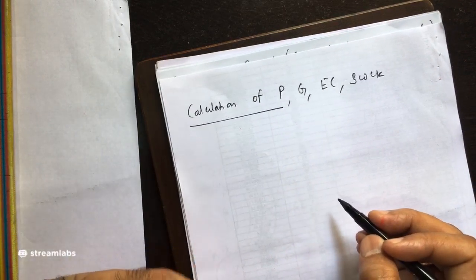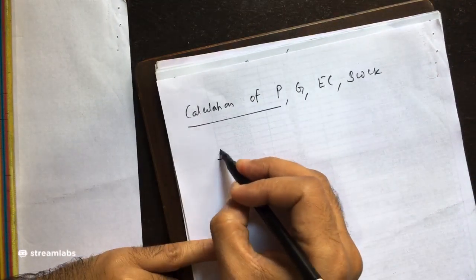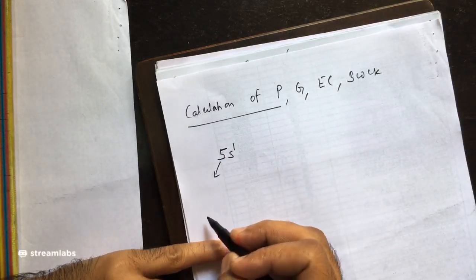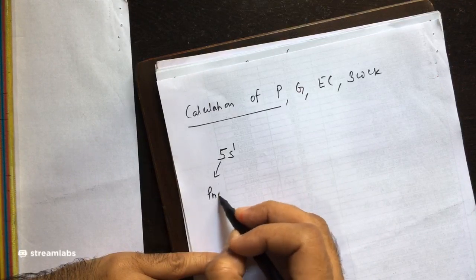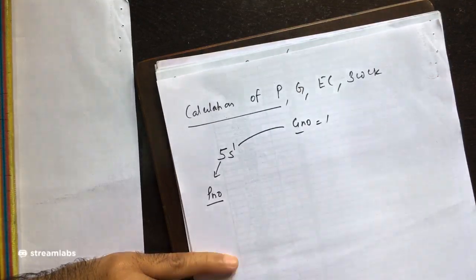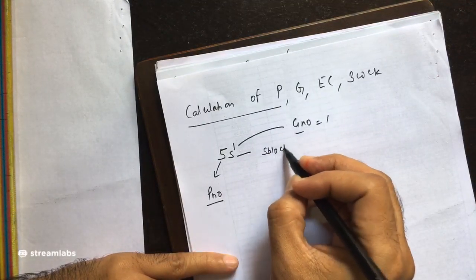So if we have been given an arrangement, for example, if it's an s block element and the configuration is given as 5s1, the first number is 5 and that represents the period number. The top number represents the group number, which is equal to 1, and this is called the s block.